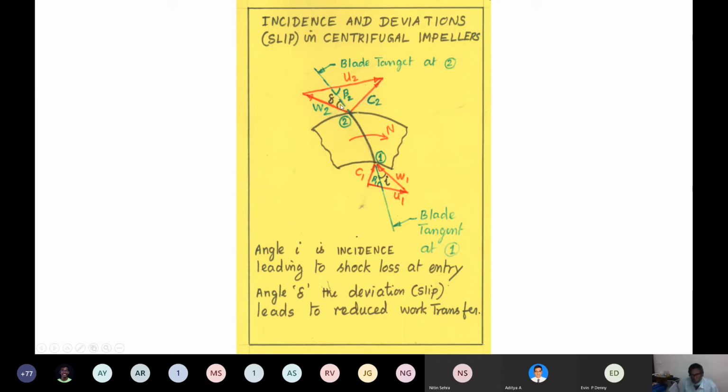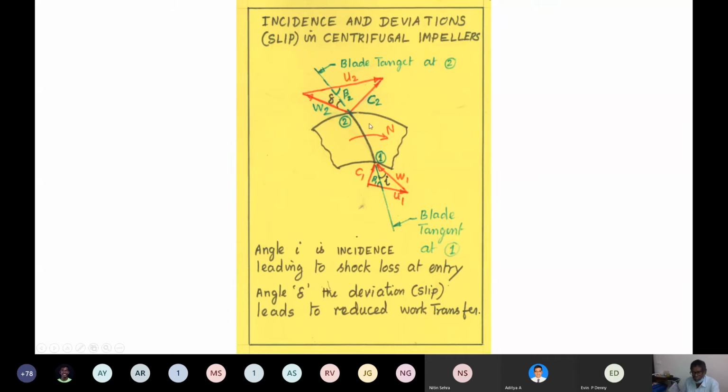It is called the slip phenomenon. The relative flow, instead of moving along the tangent, slips backwards. Due to some sort of inertia, it is unwilling to take the path indicated by the tangent, but slips back. Now you get the velocity triangle.